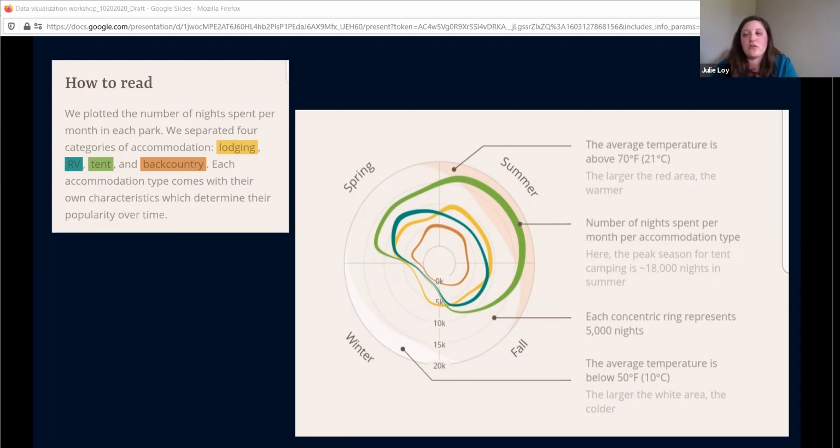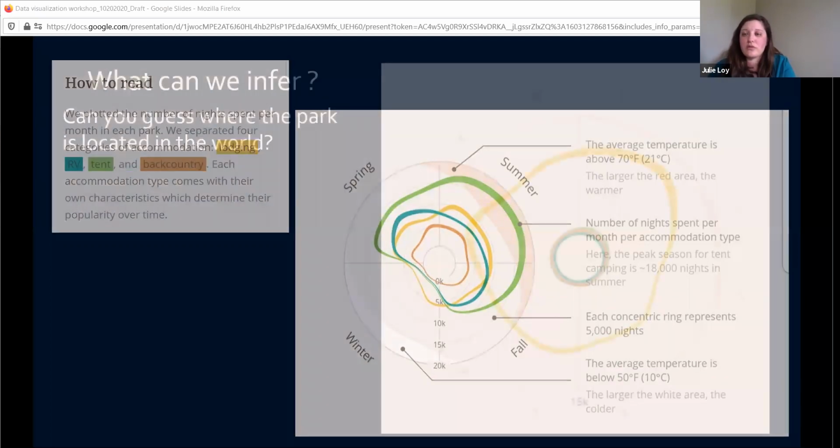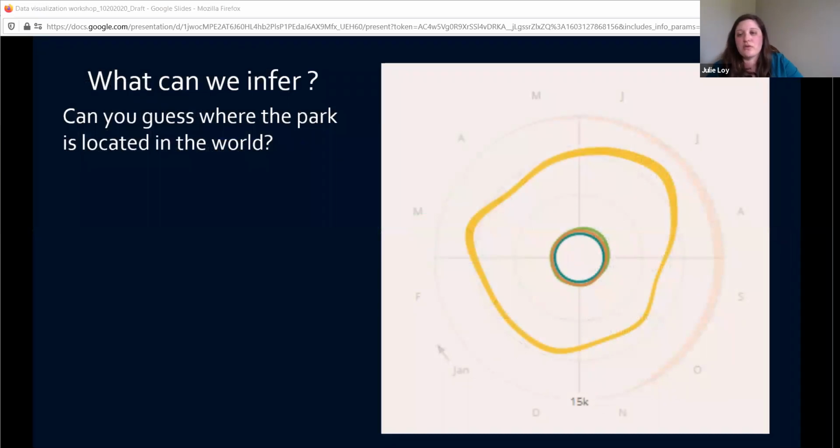So we're going to take a look at two examples of these three types of variables. With this first one, this shows the months right here, and it starts in January and goes all the way through December. We definitely see more red here, so we can infer that this is probably a place that has warmer temperatures.